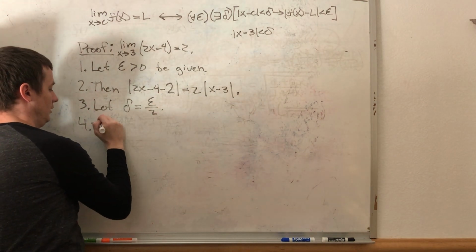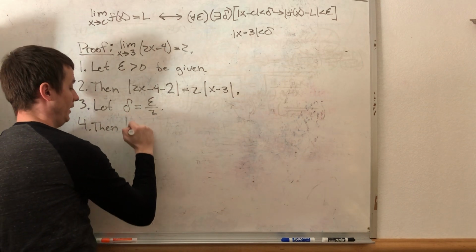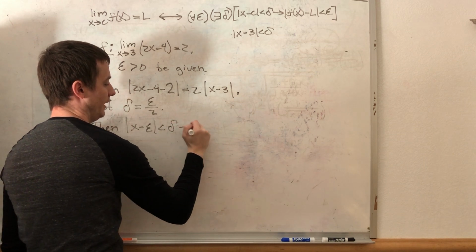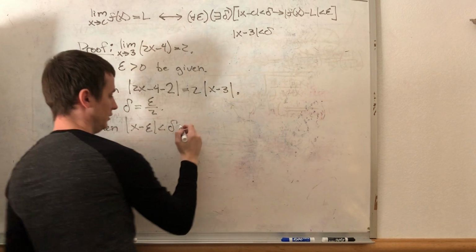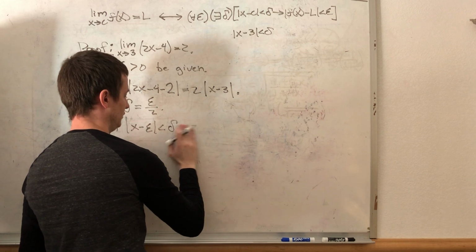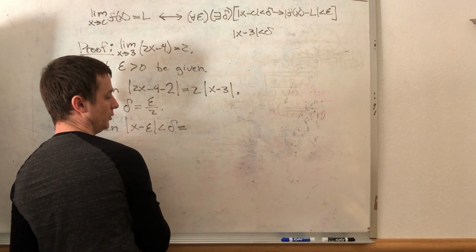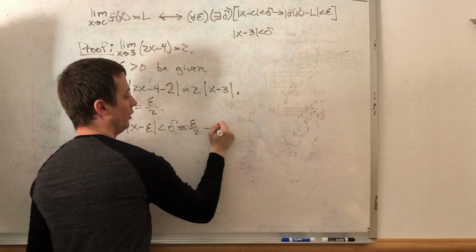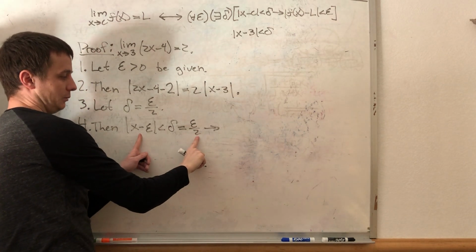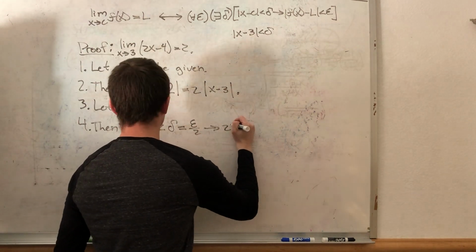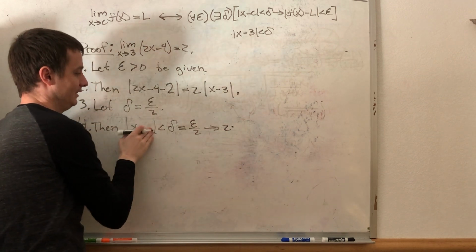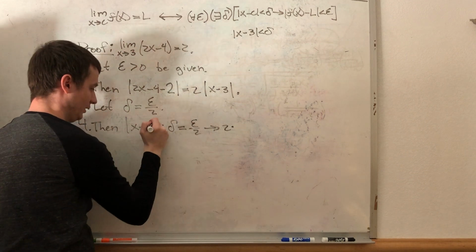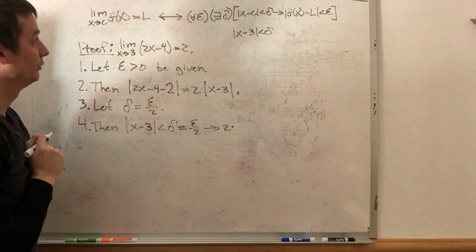Then, if |x minus 3| is less than delta, which is equal to epsilon over 2, well, then if I multiply both sides of this inequality by 2, that gives me 2 times |x minus 3|. Oh, that was an epsilon. This was a 3.